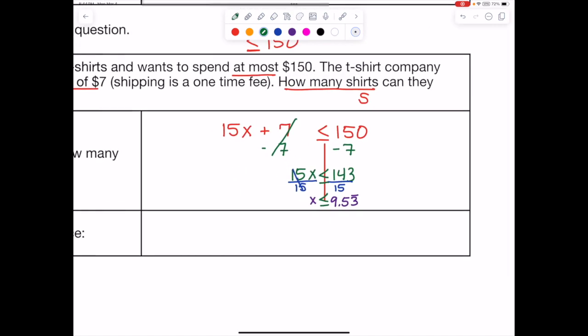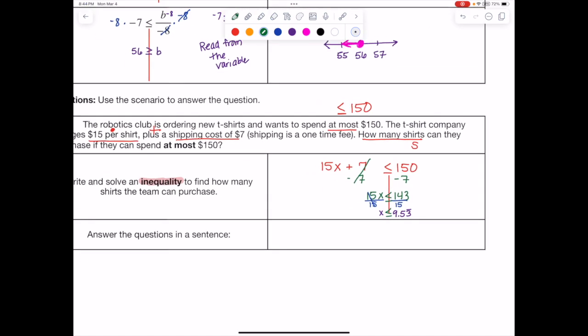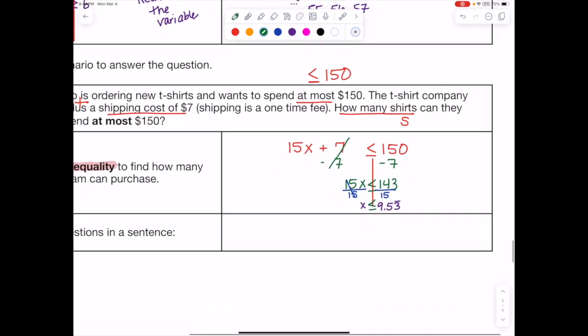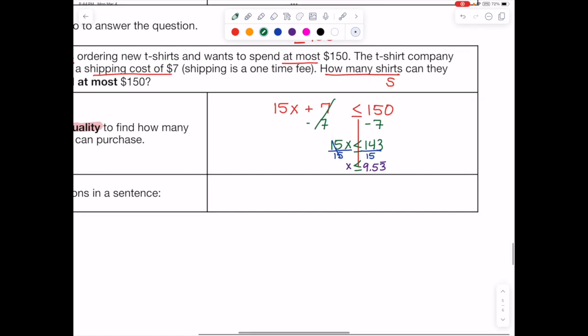So how many shirts can they buy if they want to spend at most 150? We're going to use that language and say they can buy at most, and then our answer. Now think about this.